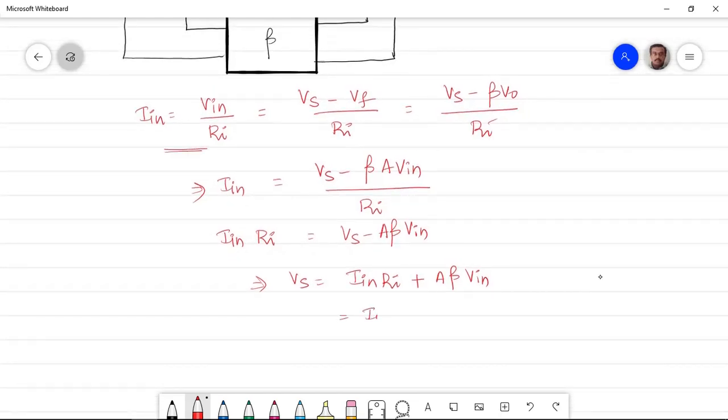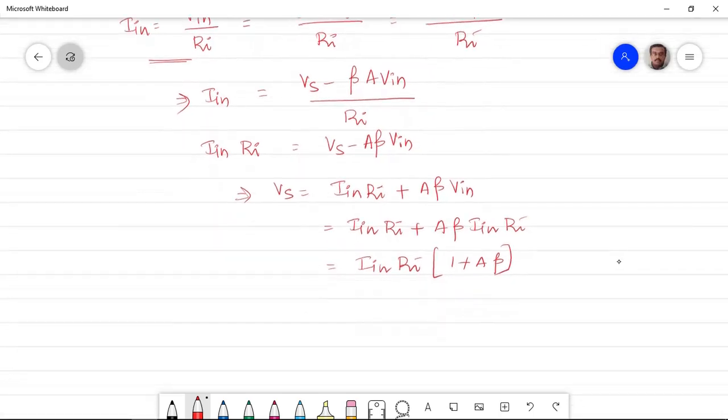So I'll write this as In into Ri plus A beta times In into Ri. I've got In into Ri common, I can take it outside: In into Ri times 1 plus A beta. So further I can write this equation as Vs divided by In, which is equal to Ri times 1 plus A beta.